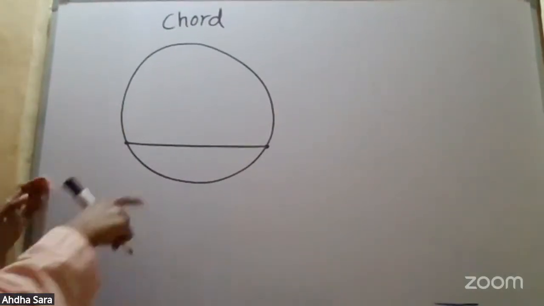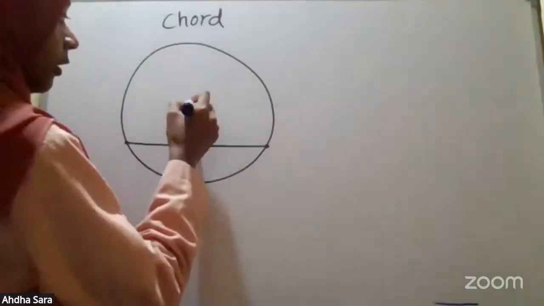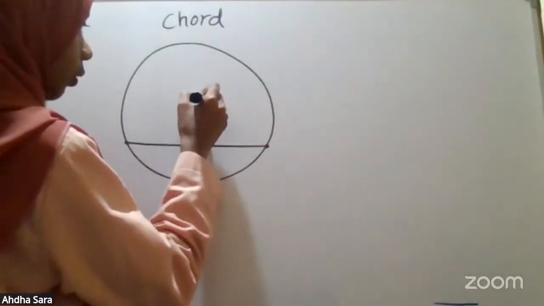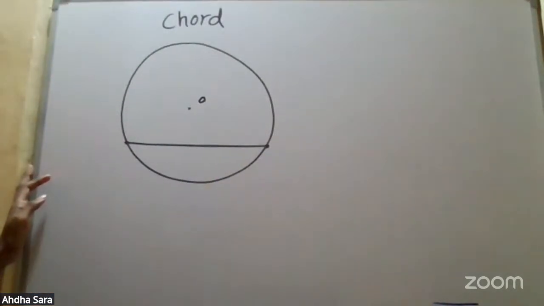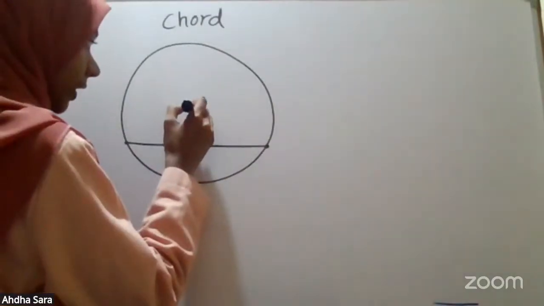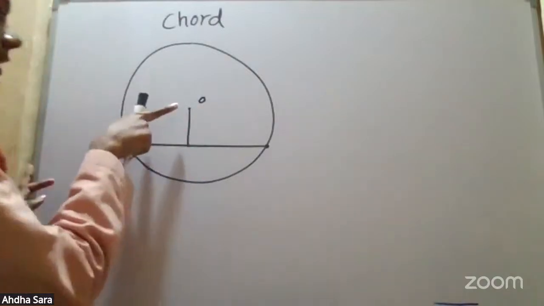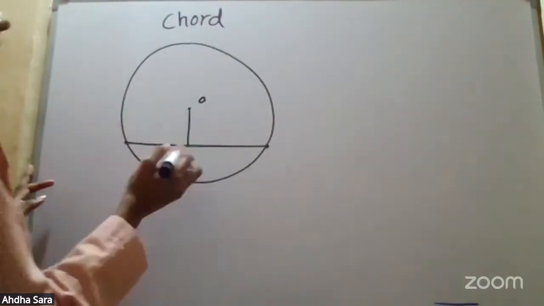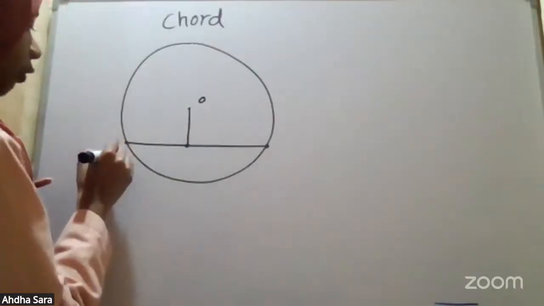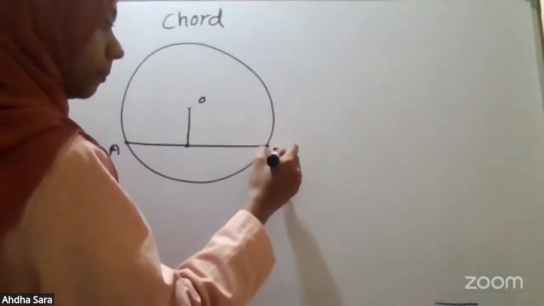The theorem that comes under chord is: you have center O and the straight line that joins the center and the midpoint of the chord AB.